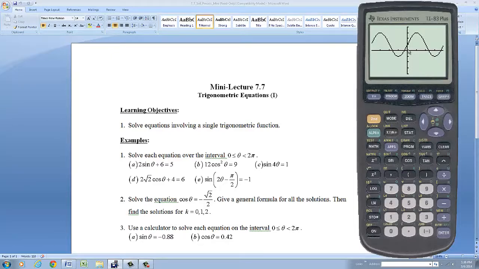Now in this case we want only solutions from 0 to 2 pi, so we don't care about what happens over here, we just want this right here. So first I'm going to hit the trace key, then hit the arrow key, and we're going to trace the curve. When you get close to the x-axis, slow down.